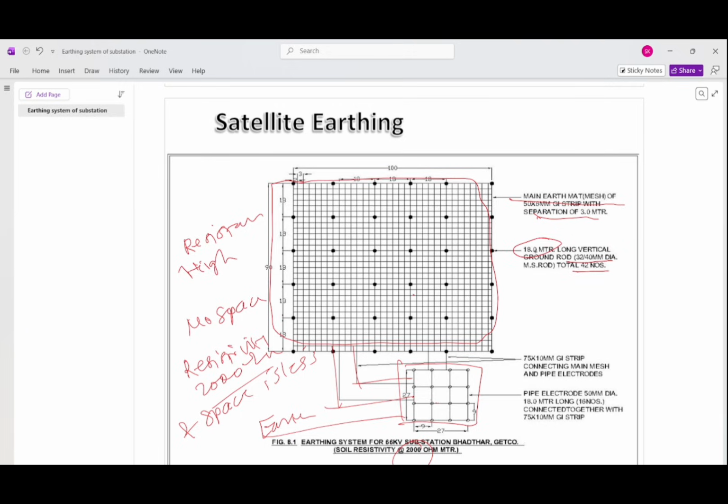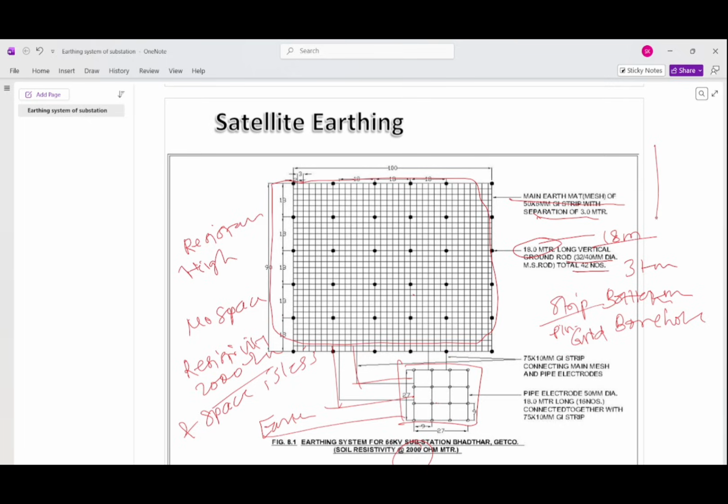Here it is not necessary that your earth electrode is 18 meters. You can have 3 plus meters kept at the bottom of the borehole, connected by a strip or pipe to the grid or mesh.